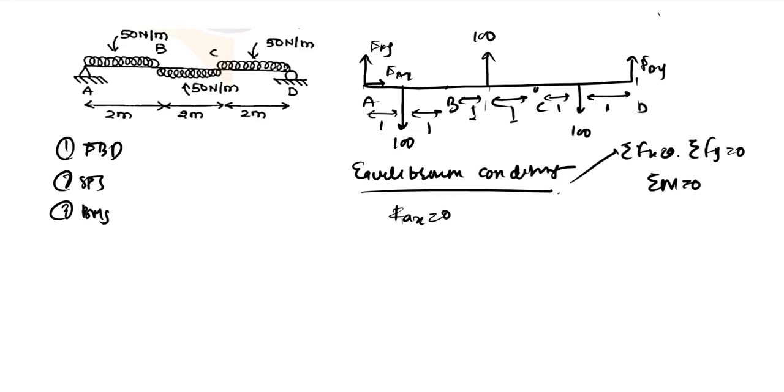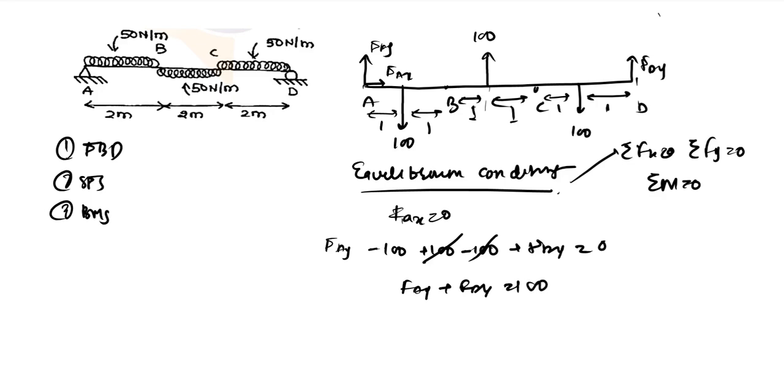And applying the second condition, summation of Fy is 0, we have Fay, the vertical force, minus 100 plus 100 minus 100 plus Fdy is 0. So it will be Fay plus Fdy is 100. We have considered the upward forces as positive and downward forces as negative. You can change this, it won't affect your solution.